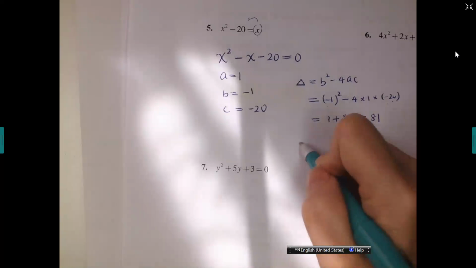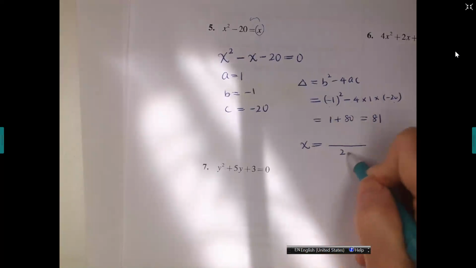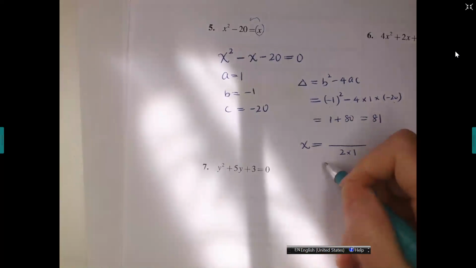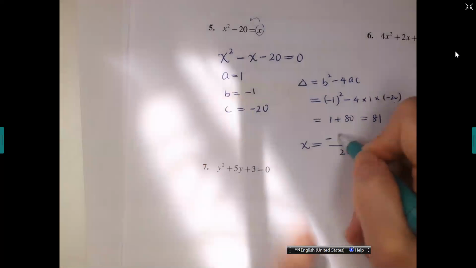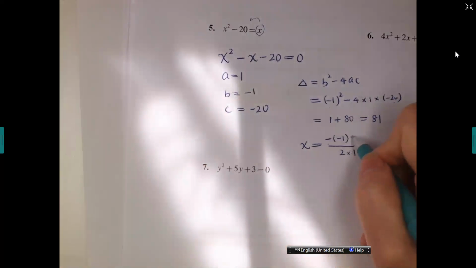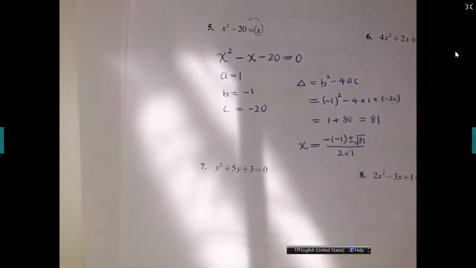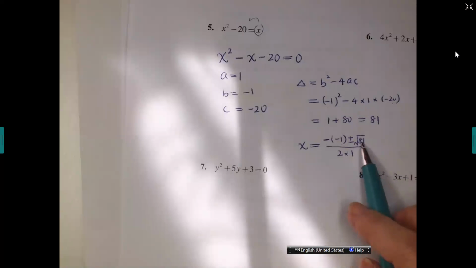Then I will use the quadratic formula. x equals, 2 times a, 2 times 1, negative b. What is negative b? b itself is negative, so negative negative 1, either plus or minus square root of 81. We just plug this delta, this b squared minus 4ac, into the formula.